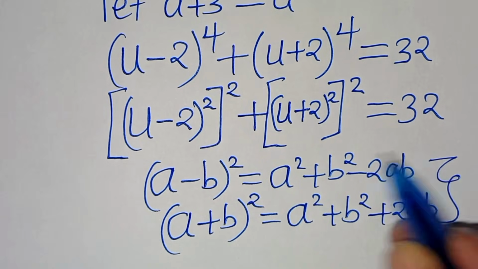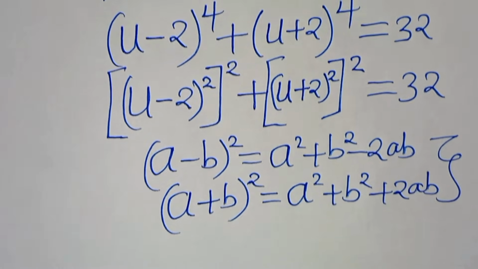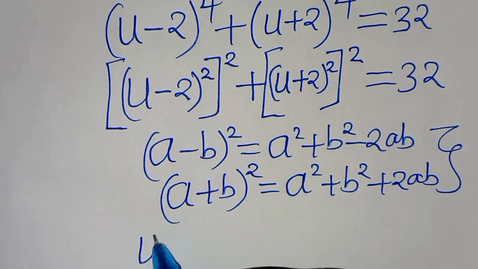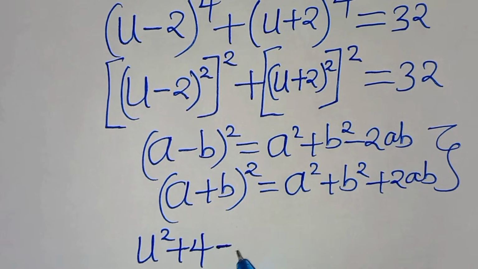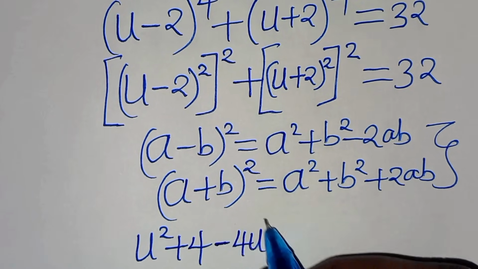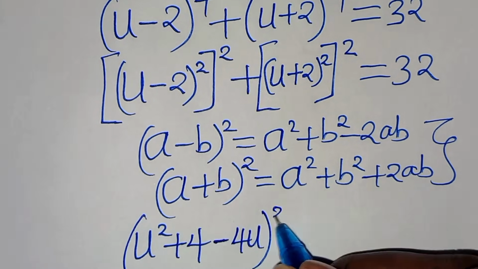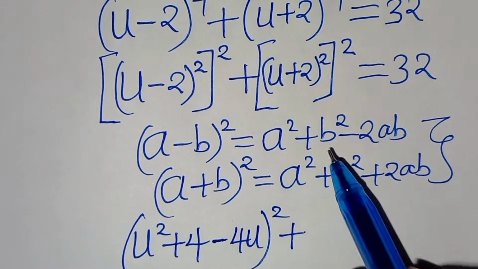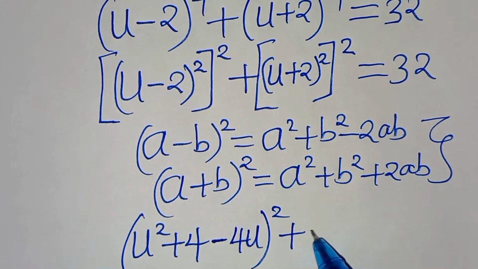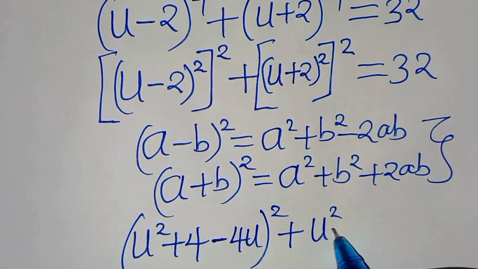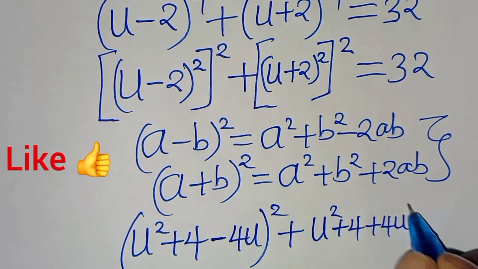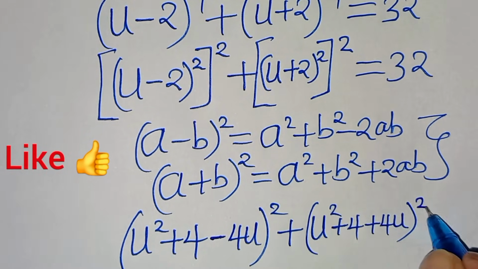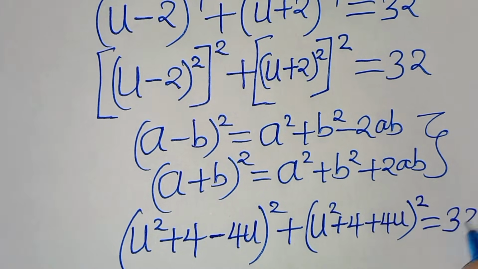So let's apply these two algebraic identities so that now here we have (u^2 + 4 - 4u)^2 plus (u^2 + 4 + 4u)^2. This is equal to 32.